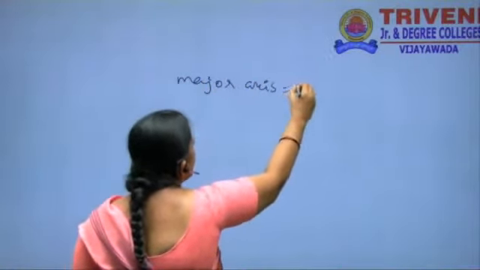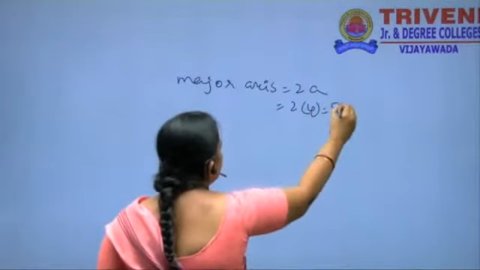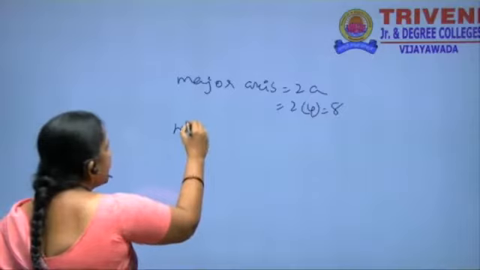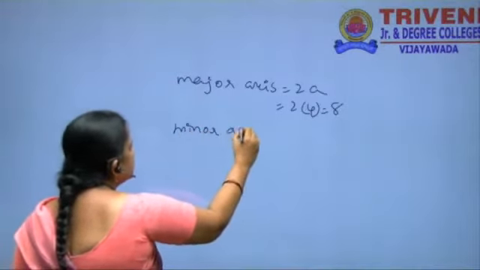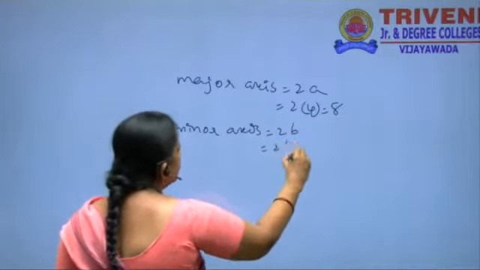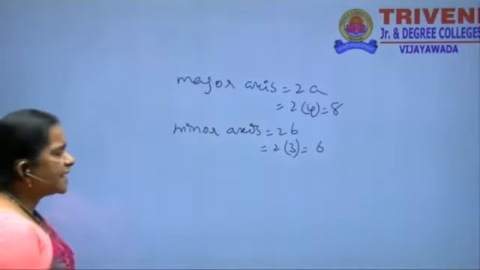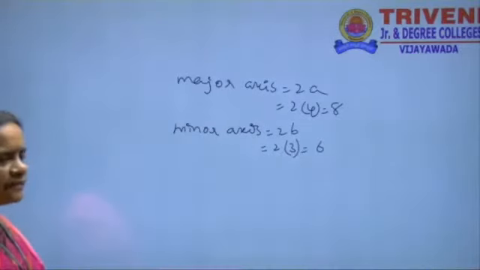Already you know the value of a is 4, so 2 into 4 is 8. And minor axis is 2b, that is 2 into 3, which is 6. Major axis is 8 and minor axis is 6.